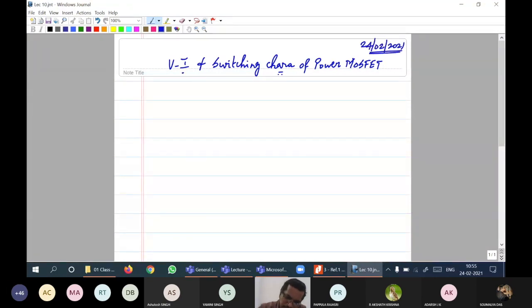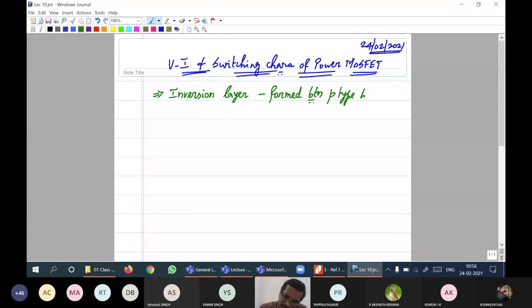Fine. Now, before I begin, I must write down the name of that layer. The layer through which the drain current flows is called the inversion layer. Please remember this key term. Of course, this comes under the operating principle from the previous session. The inversion layer will be formed between the p-type body layer and the N plus source layer.